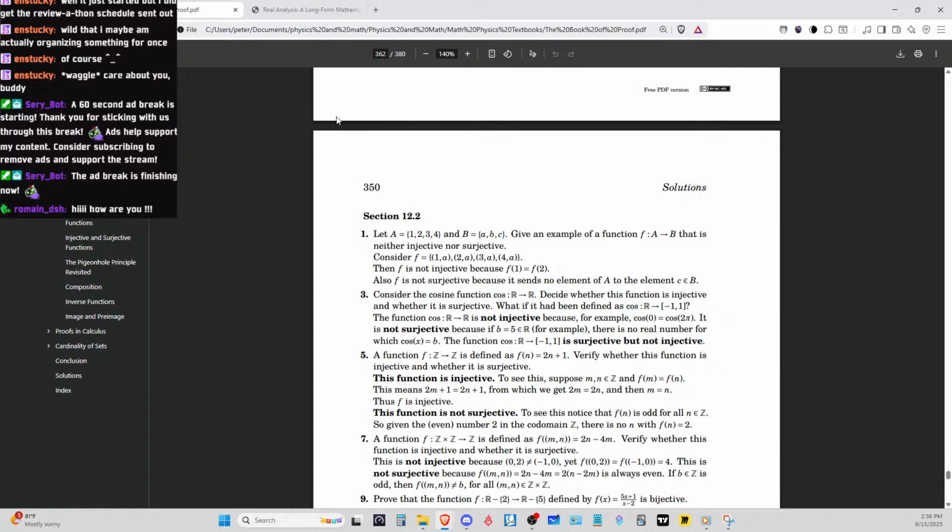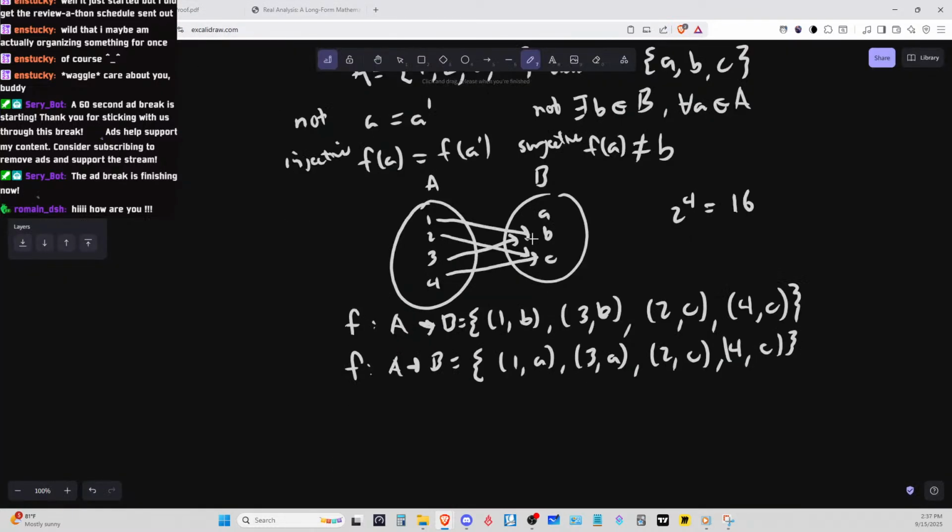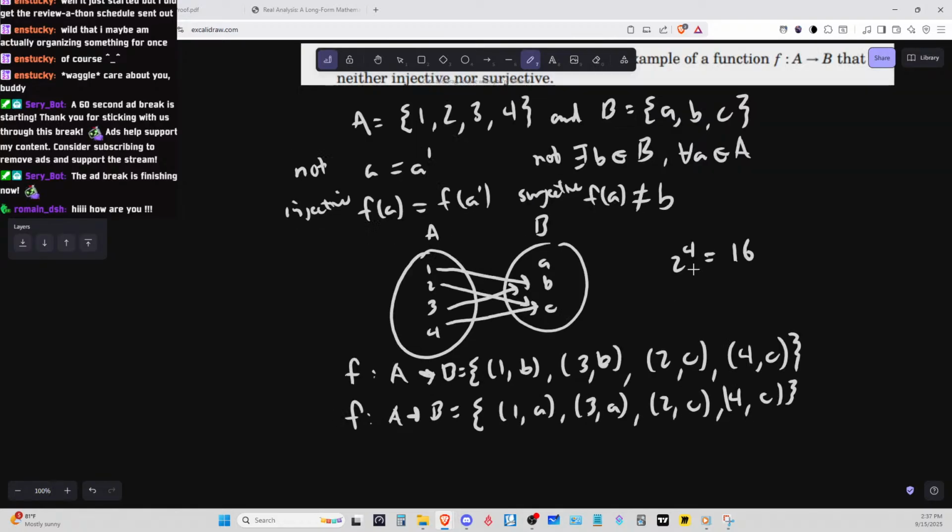Like the way we're supposed to argue about it. I was going to write out all the functions, but I'm like, no, because when I was reading about functions, I realized that there was a question that basically was like, if you have two inputs and 2 outputs, they would result in 4 functions.